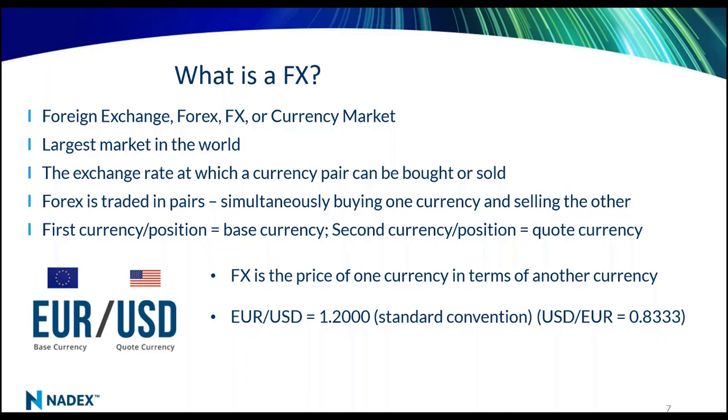I can flip that over. It's simply a math equation. You just turn it over, and if you did the math, it would take 83 cents to buy 1 US dollar.